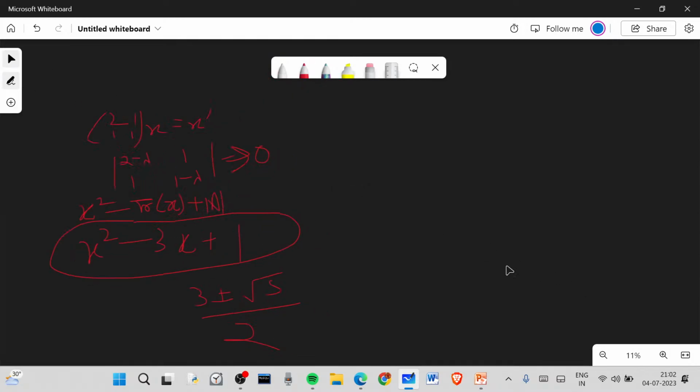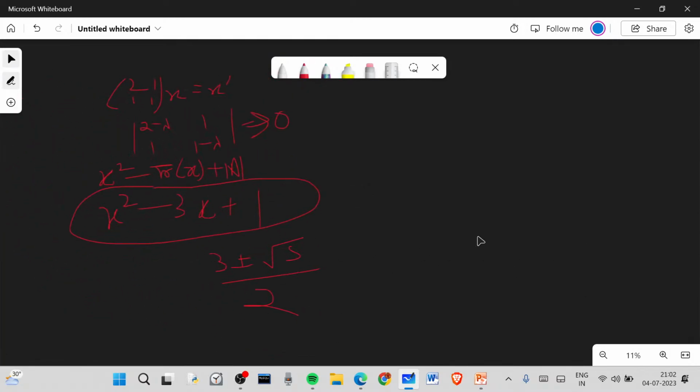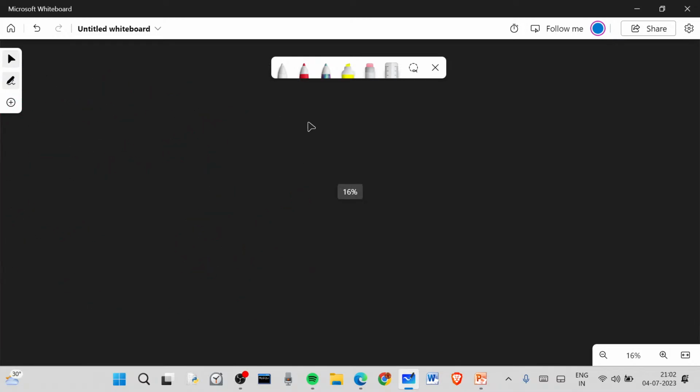Now I want a simple one. Operating on this is very bad. So let's say we take a very cute one. x dash is simply y, and y dash is simply x plus y.